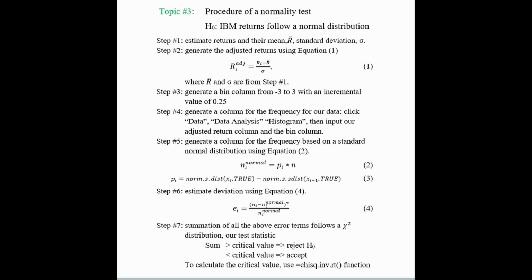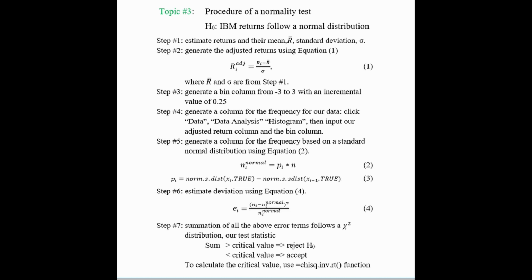Step 5, generate a column for the frequency based on the standard normal distribution by using equation number 2. The count for each bin equals the probability based on the standard normal distribution times n. Here n is the number of total observations.